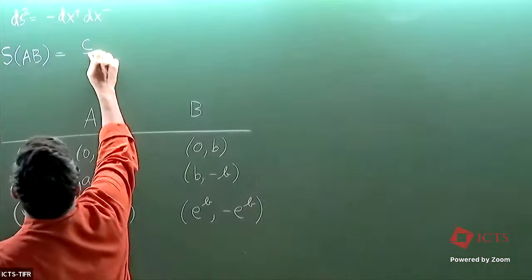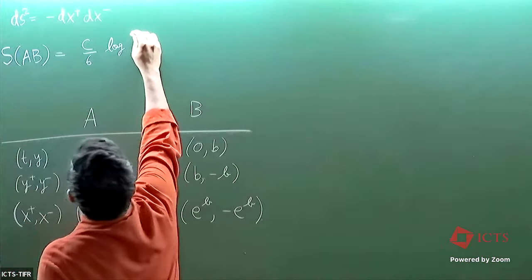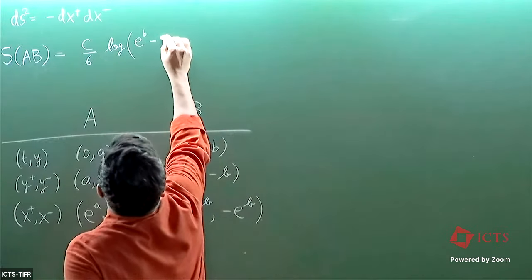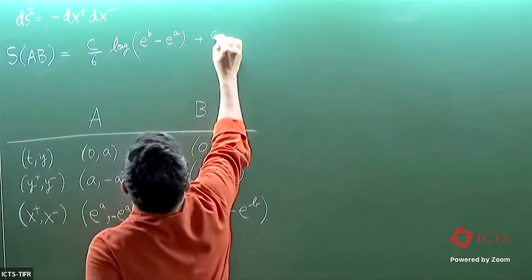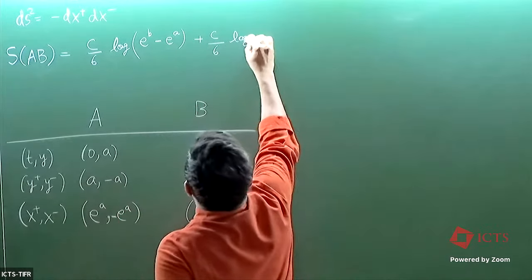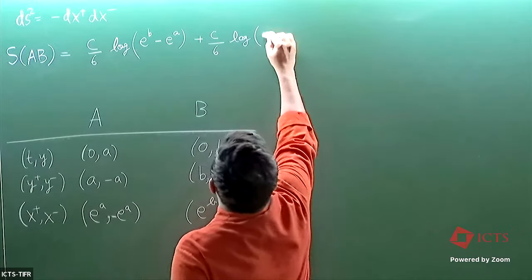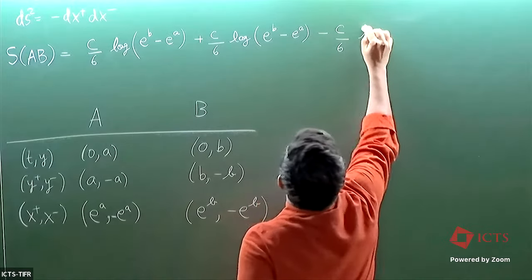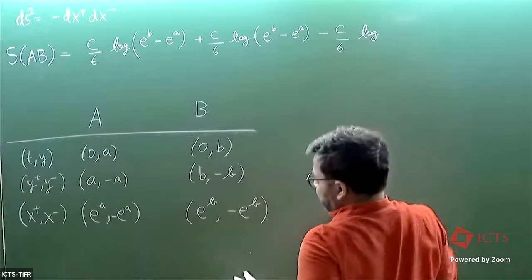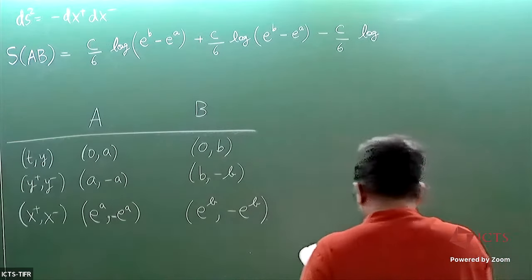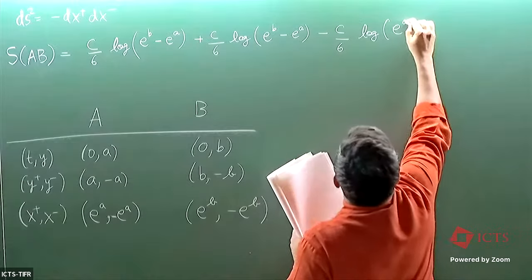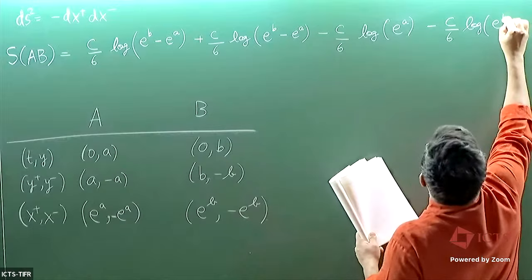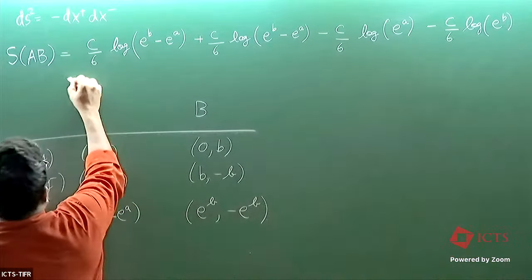Okay, so now we plug it in. So we have c over 6 log of the difference in x plus, so e to the B minus e to the A, plus c over 6 log of the same thing, minus c over 6 log of this omega factor. So omega at A is e to the A, minus c over 6 log of omega at B, e to the B. Okay, let me write here where these terms came from.